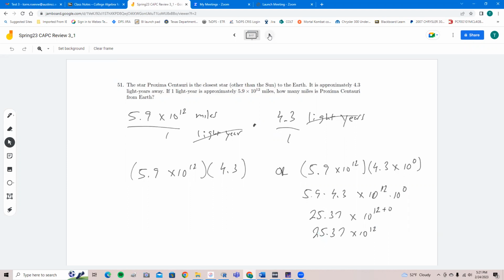If we move this one place over, then we have to increase this exponent by 1. So instead of moving this 12 places to the right, we'll have to move it 13 places to the right to get the same number. So this becomes 2.537 times 10 to the 13th miles.